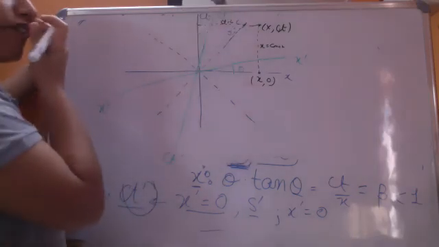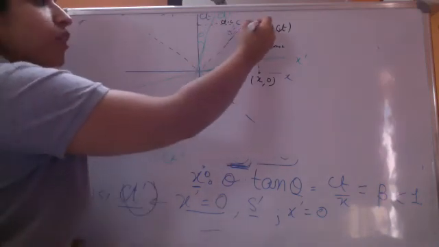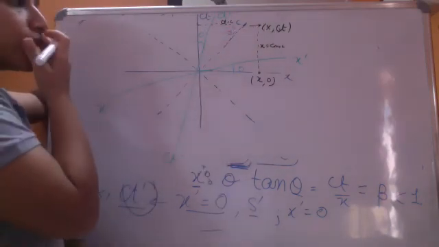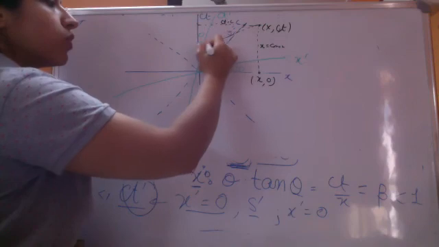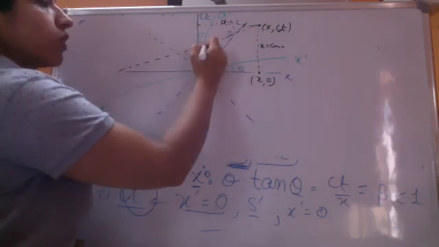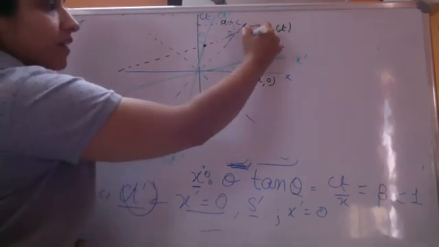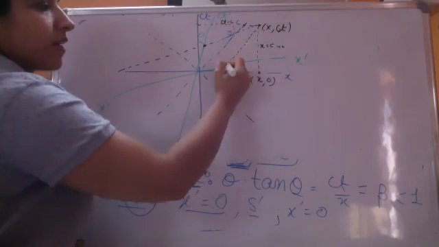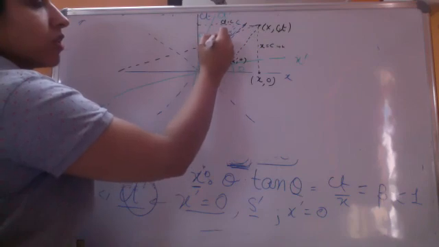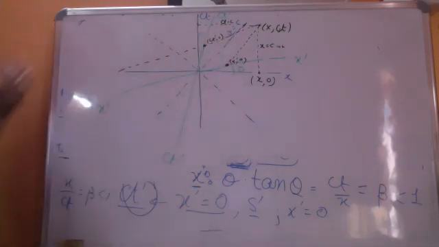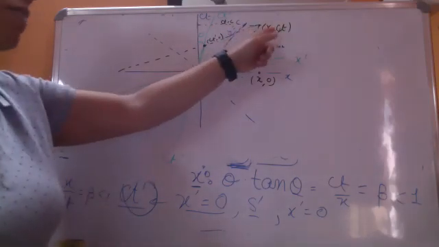But now the same event will have different coordinates in my new coordinate system. And how will I draw that? To draw its corresponding values, I will have to draw lines which are parallel to the new axes. So its coordinates will look like x prime 0, CT prime 0. Right? So any arbitrary point.